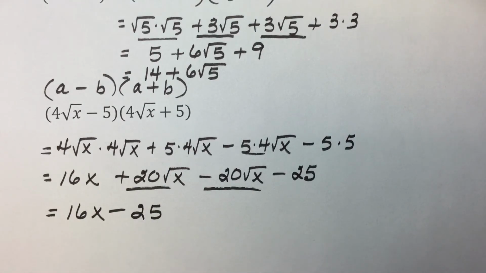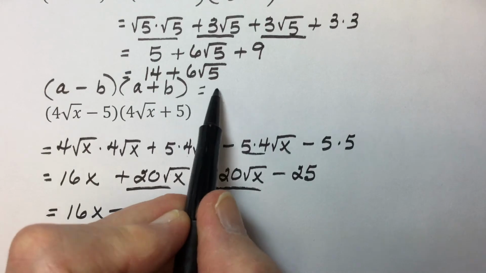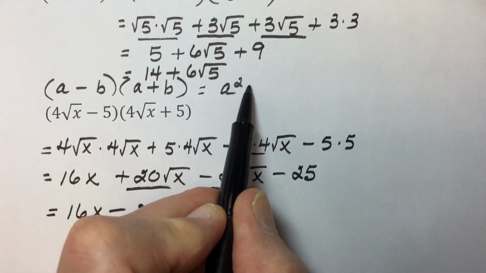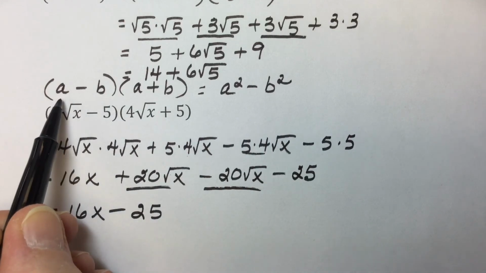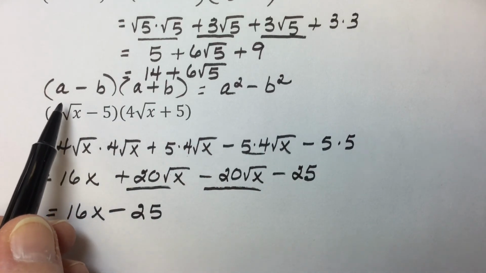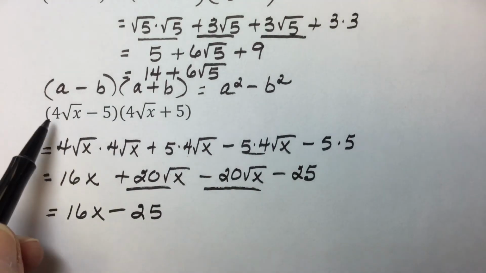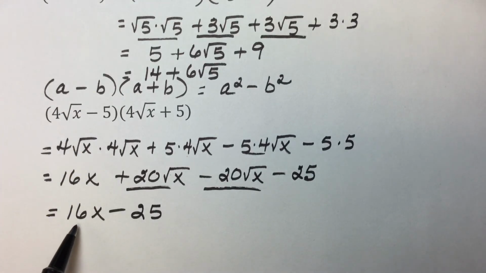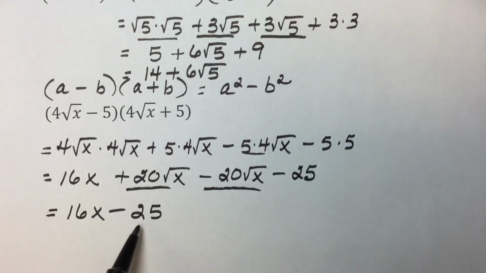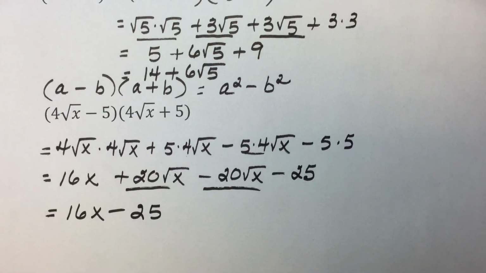25. This may not look like the difference of squares that we see in the standard form here, but it is a difference of squares, our result. If you take 4 square root of x and square it, it is 16x, and 5 squared is 25.